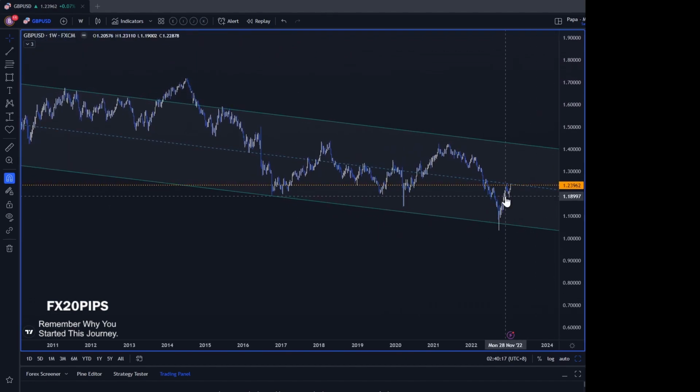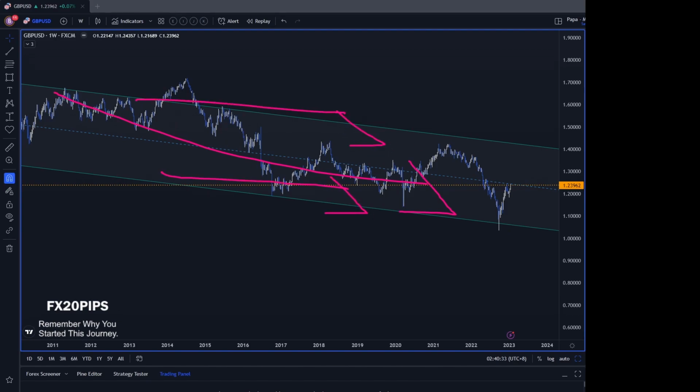So on the higher time frame, back to 2011, it's pretty obvious that price is going down, because the channel is sloping downwards. Now price had bounced off the bottom of the channel. Now it's reaching the midpoint of the channel. All right.